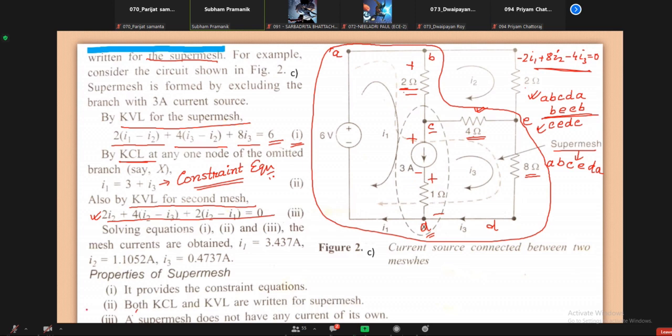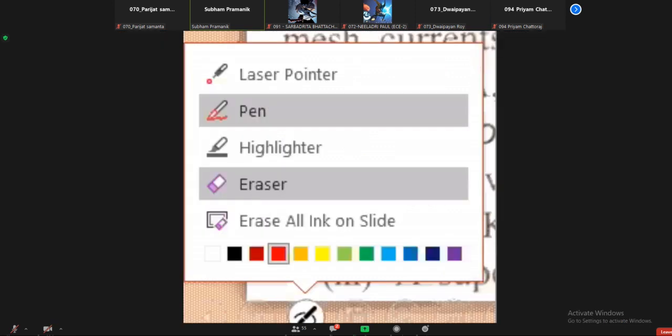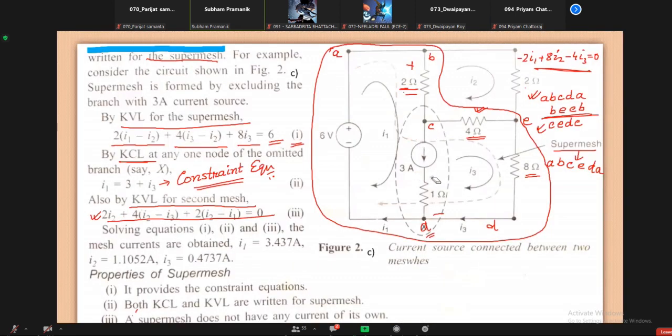see what is actually happening in this branch. There is I1, I1 is flowing downwards, and there is I3, I3 is flowing upwards. Whenever a branch contains a current source, remember that the branch current is given by that current source, 3 ampere. But we can see from the given circuit that I1 and I3 are also flowing.